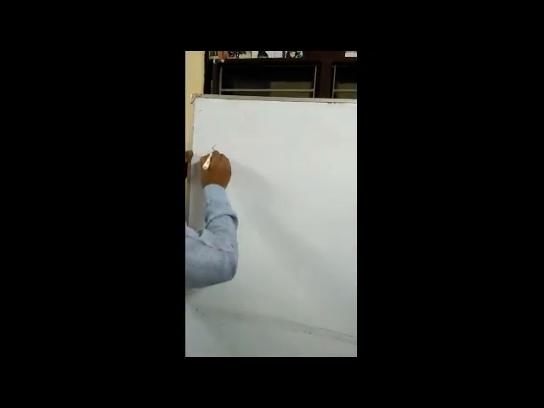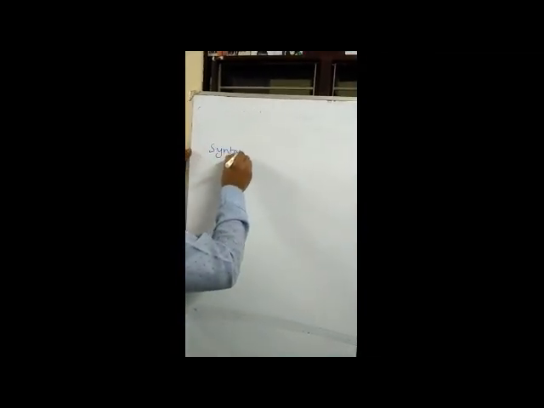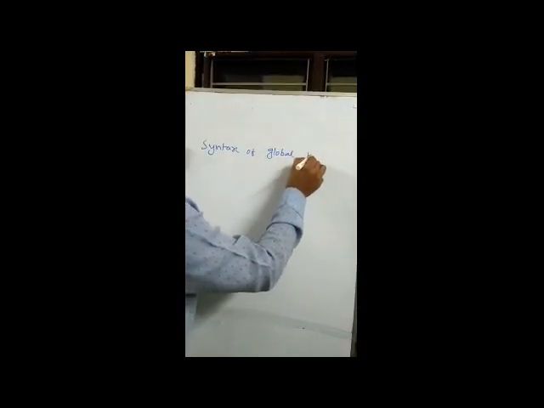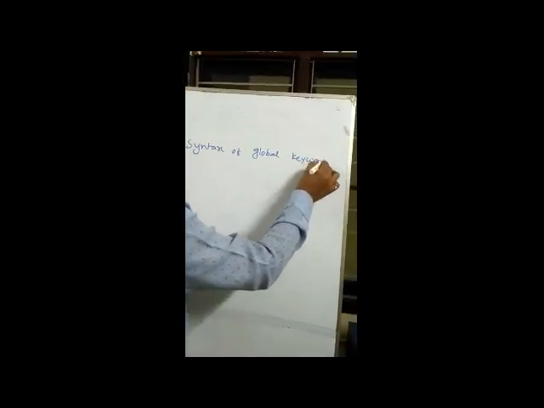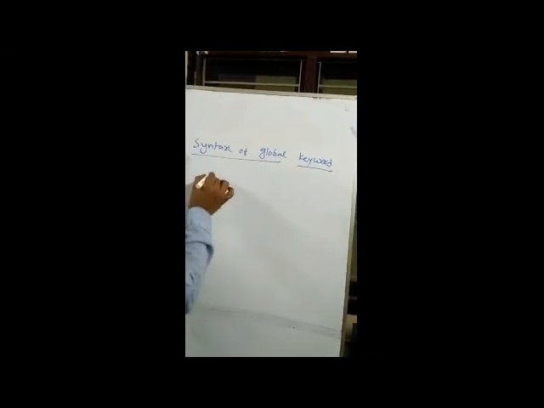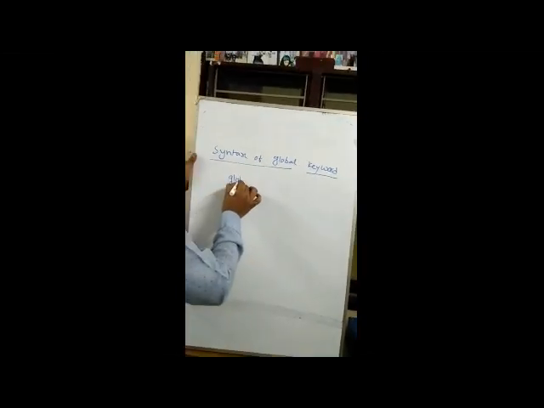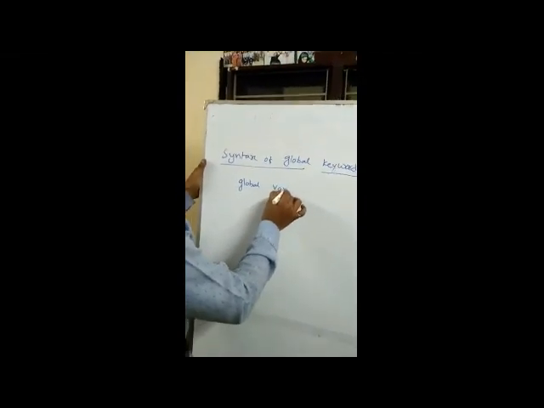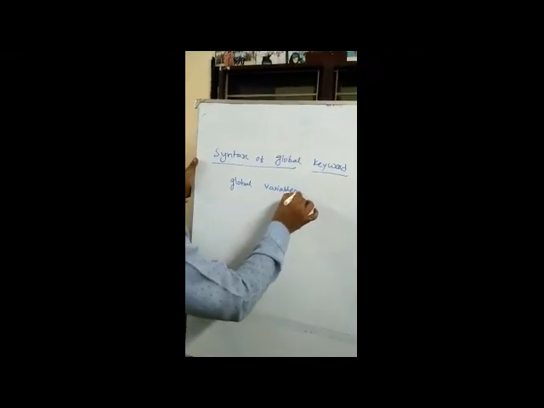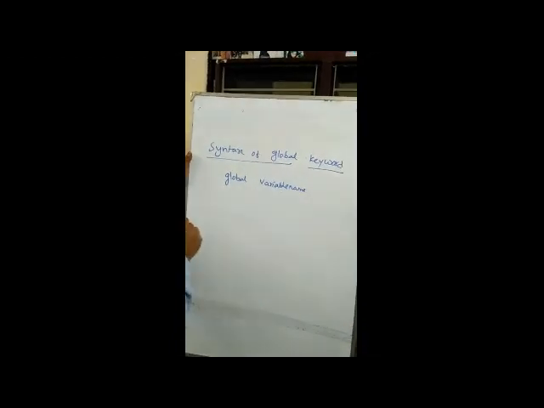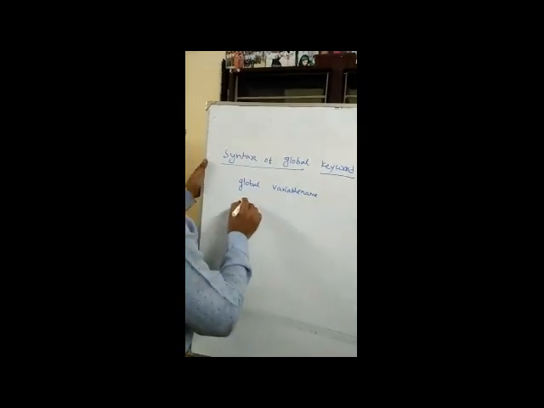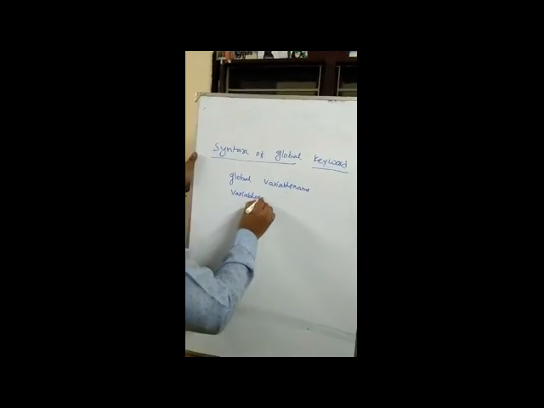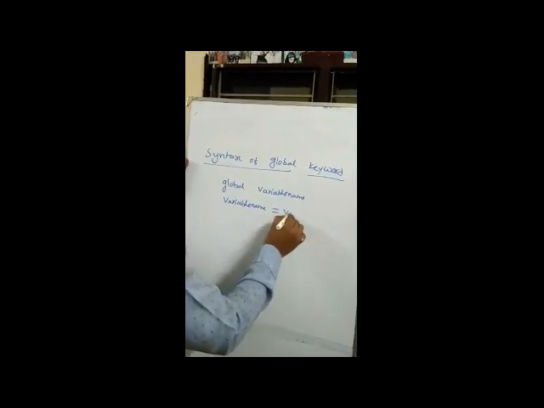So, syntax of the global keyword in scope of variables. Use the keyword global, then a variable name, any variable name. Then variable name is equal to value.